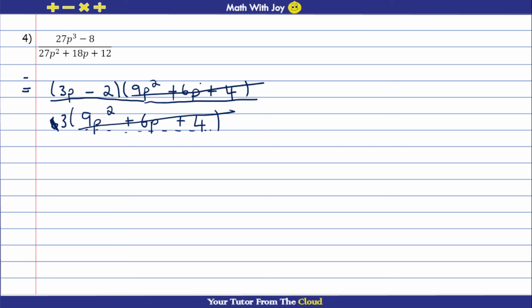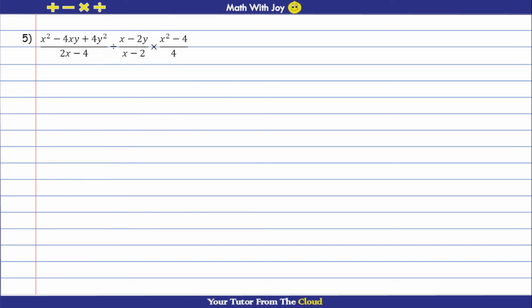The bottom looks like the top, so we cancel those out. So our final answer would be 3p minus 2 all over 3. So you can leave it like this, or you can continue a little bit more, say 3p over 3 minus 2 over 3. Cancel these out, and you're going to be left with p minus 2 over 3. Right, that was a bit easier.